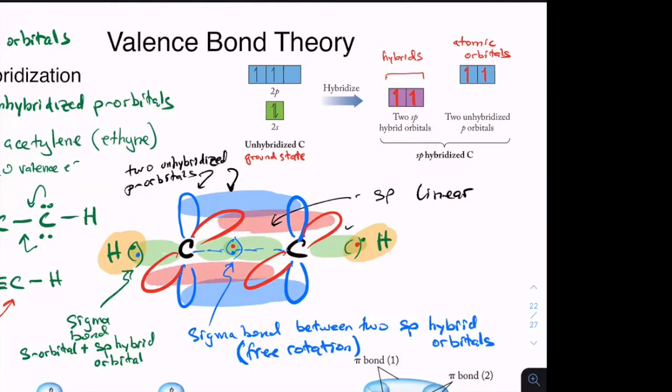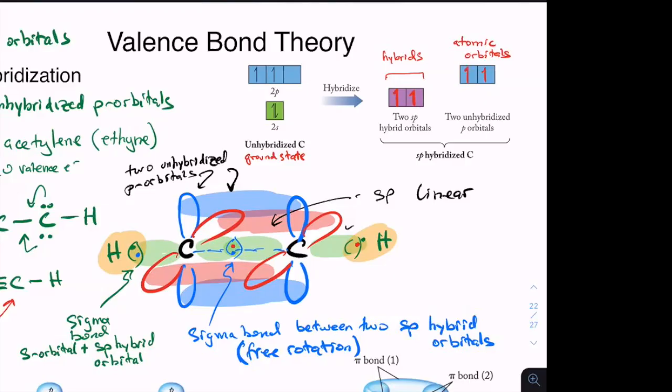Now, they're both above and below the bond axis, but in this drawing, the blue one is actually above and below the bond axis. The red one is behind the screen and in front of the screen, but it's still above and below the bond axis. The point is this, that it's not along the bond axis. Each one would lock it into place. It wouldn't rotate once you have a pi bond form.